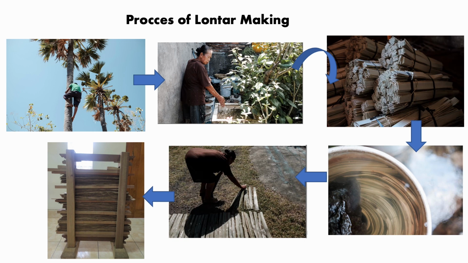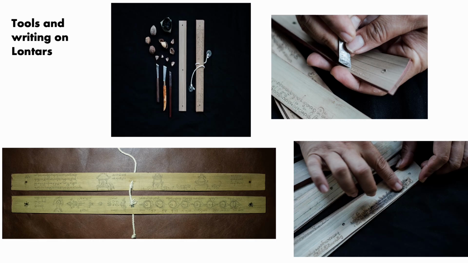Then we jump to the next slide. These are the tools for writing on Lontar. This one is a special knife for writing on palm leaf. We call it pengrupa.